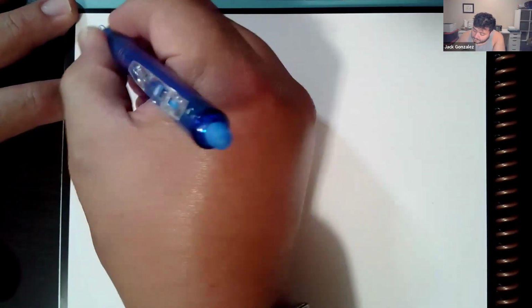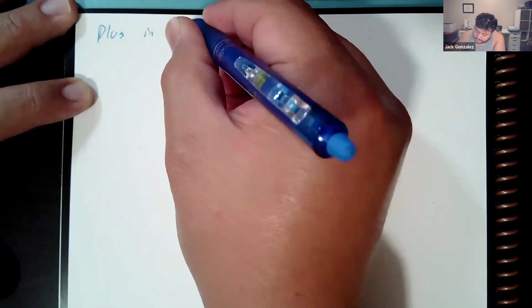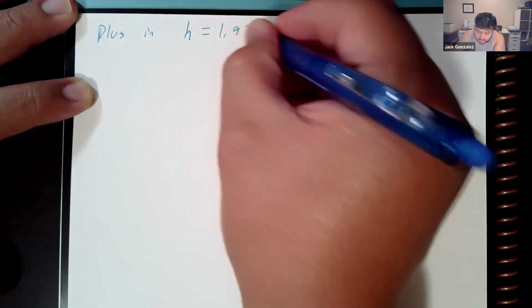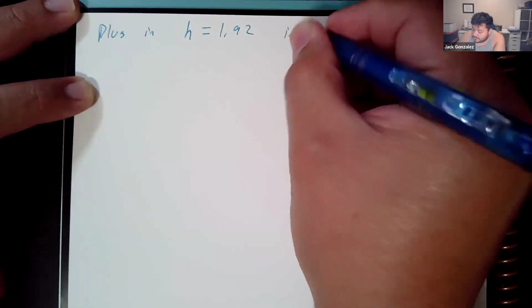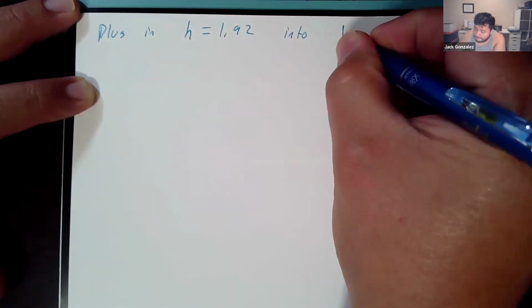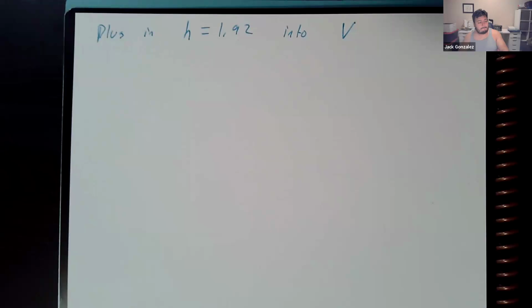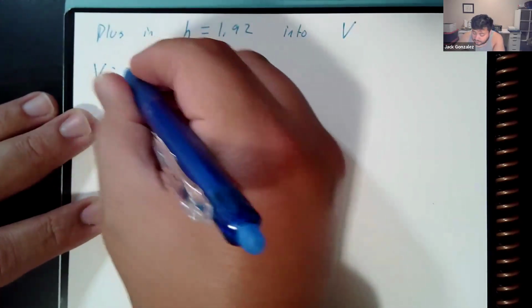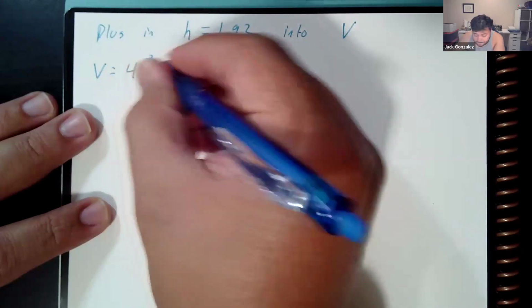Okay, so we got our value. Plug h equal to 1.92 into the volume, and now we know how much it is. So what we found was this guy.